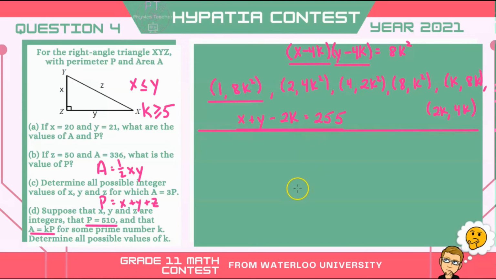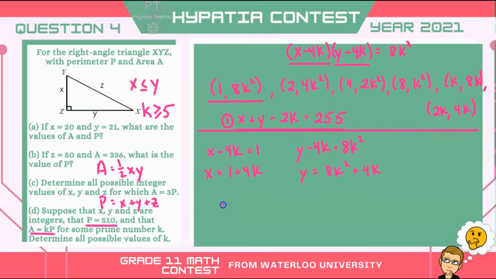All right, so giving myself a little bit more room, let's analyze this equation with our first factor pair right here. So this says that x minus 4k is equal to 1. It also says that y minus 4k is equal to 8k squared. Now if I rearrange for x and y, I'll get x equals 1 plus 4k, and y equals 8k squared plus 4k, and substitute those back into, let's call this equation 1.